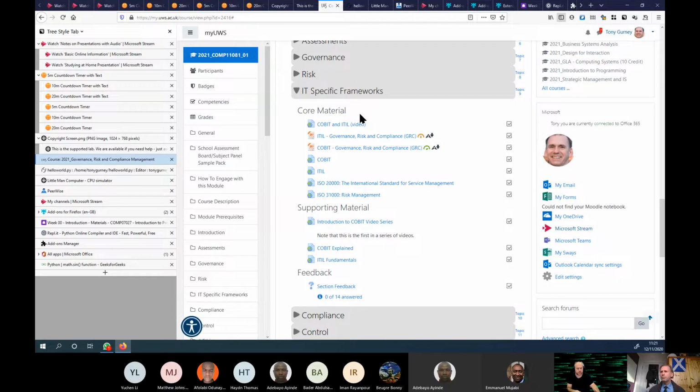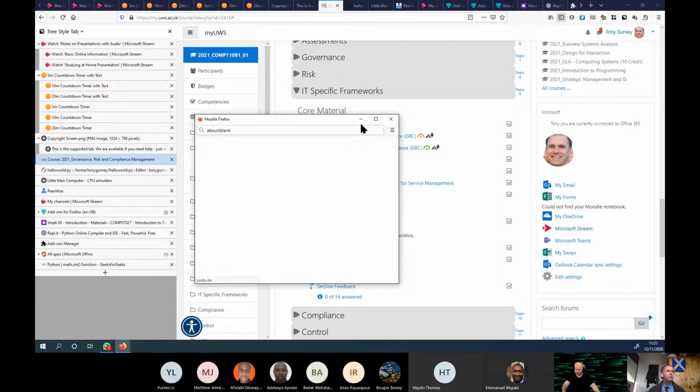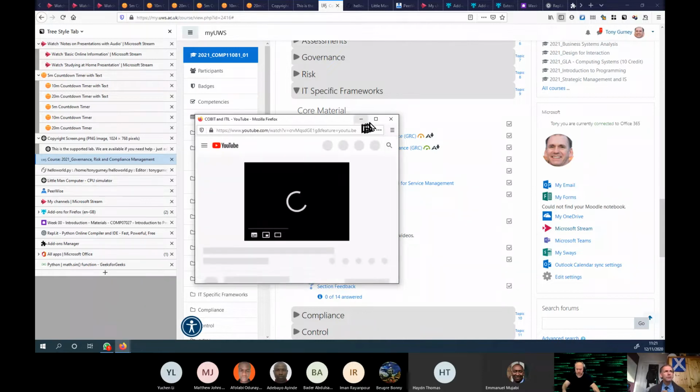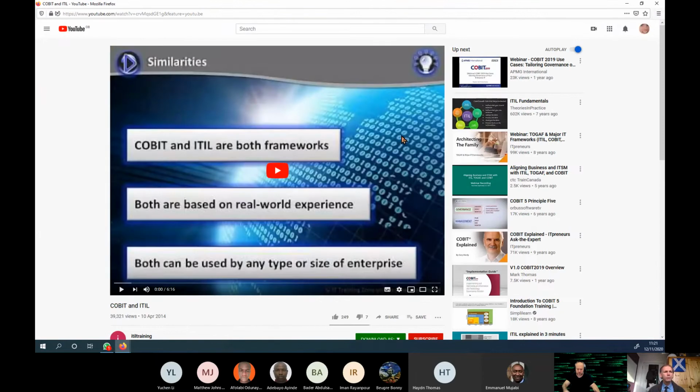So there's two main IT frameworks for GRC. And what I'm going to do is firstly give you a quick overview of what they are.